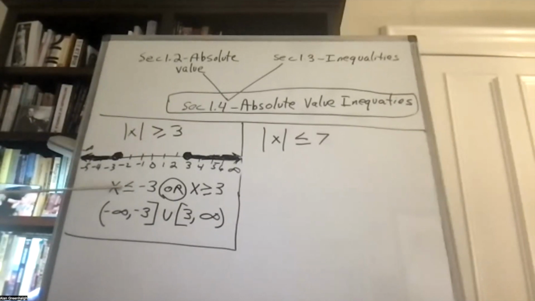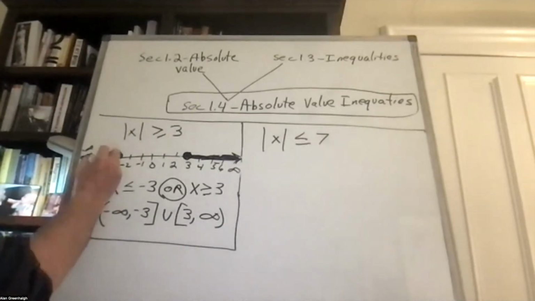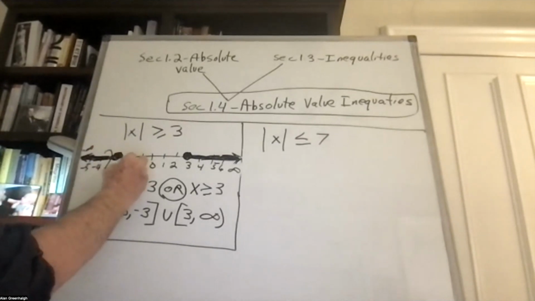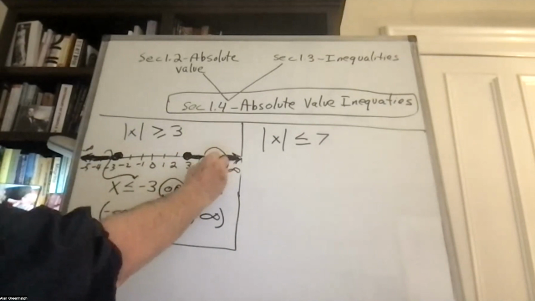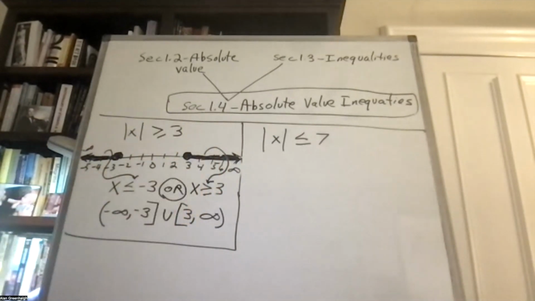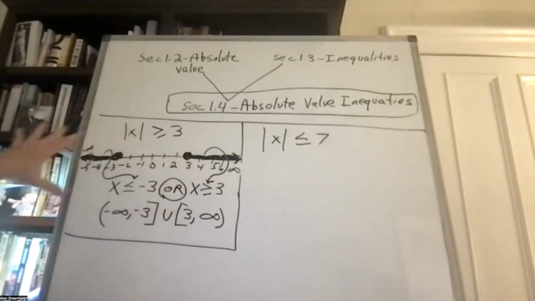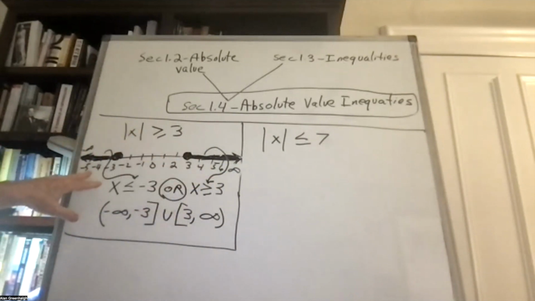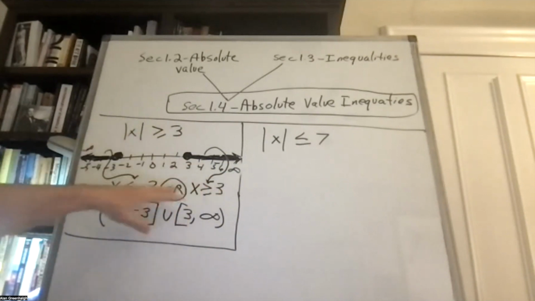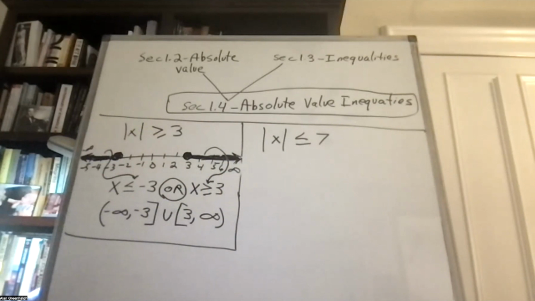So x less than or equal to -3 is one part of the solution. Here, this is what it equals, and this represents this. And in interval notation, it'll be from -infinity to -3, inclusive of -3, so brackets, but or, because they're going in opposite directions, so it's impossible for a value of -4 to be greater than 3 and less than 3 at the same time.